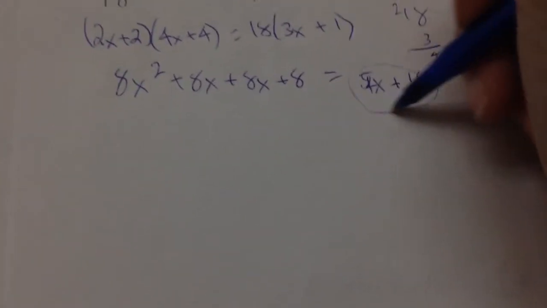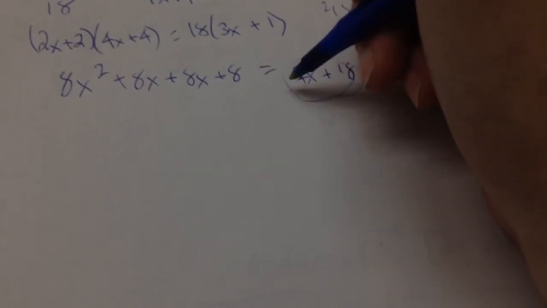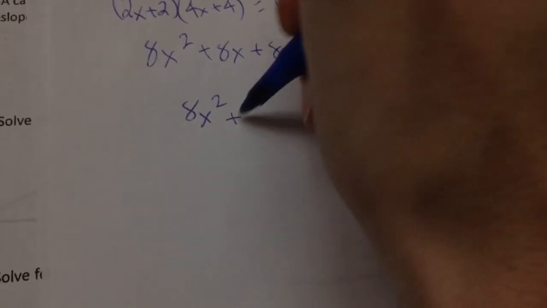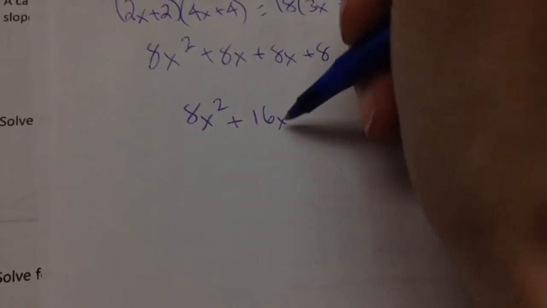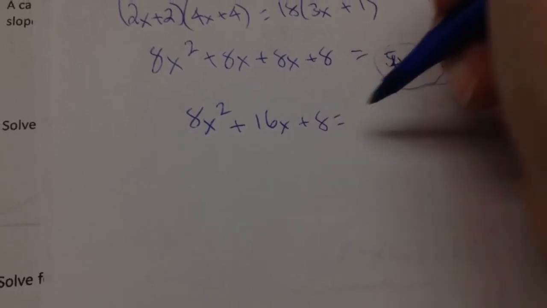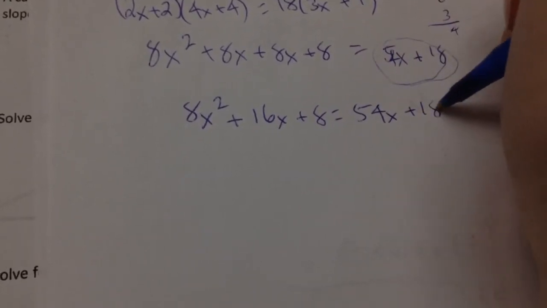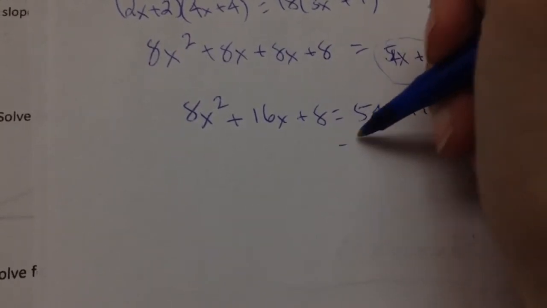Now we're going to bring these two over to the other side by just doing inverse operations. So we have 8x squared plus 16x plus 8 is equal to 54x plus 18. Subtract 54x from both sides.